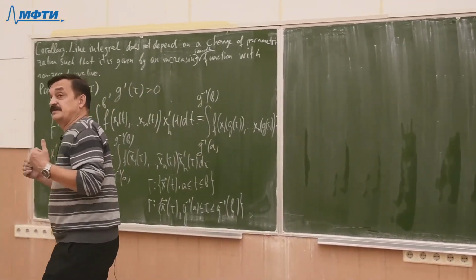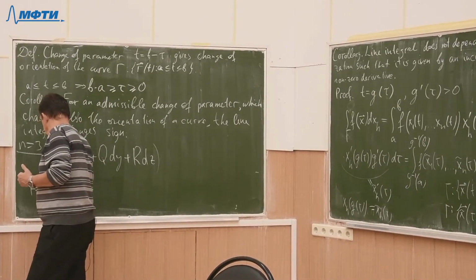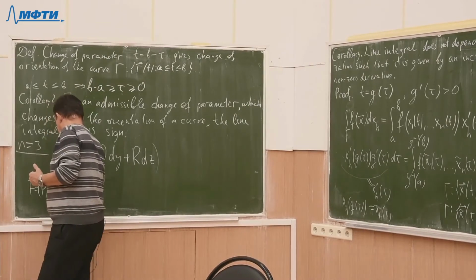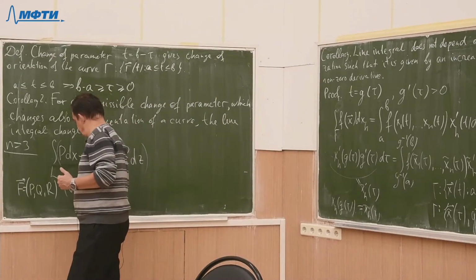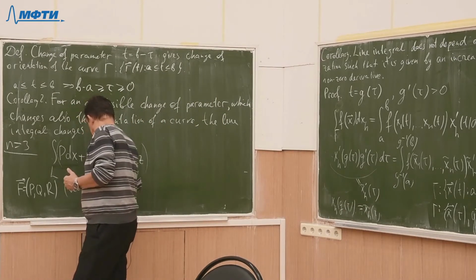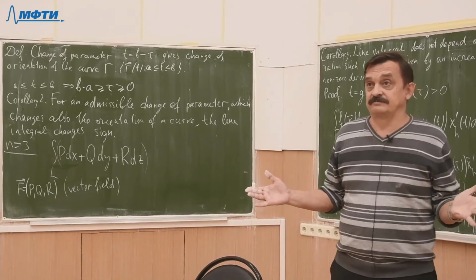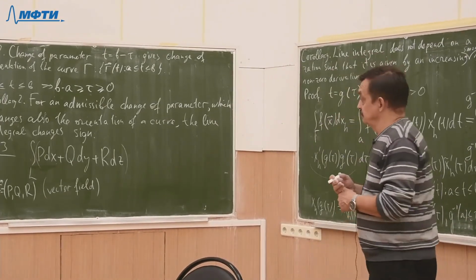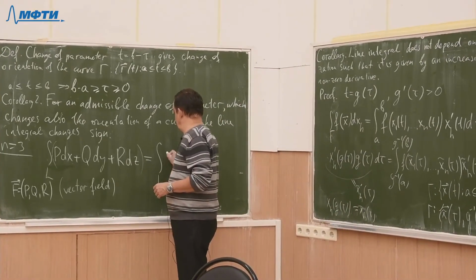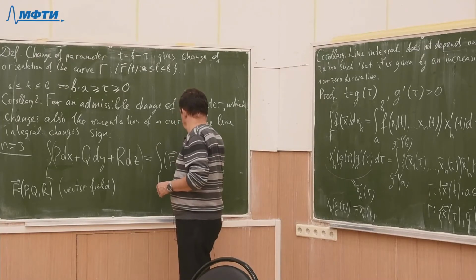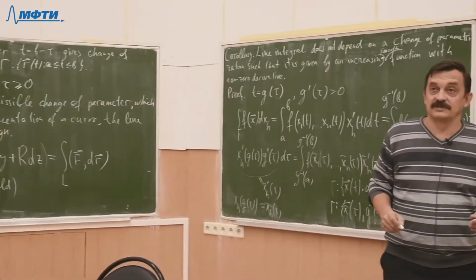And what is the meaning? Standard notation. So if we denote this vector like F, that is a vector field. So what is a vector field? In fact, that is a vector function, nothing else. In other words, a vector field. Then that is written like F dr, like a scalar product.